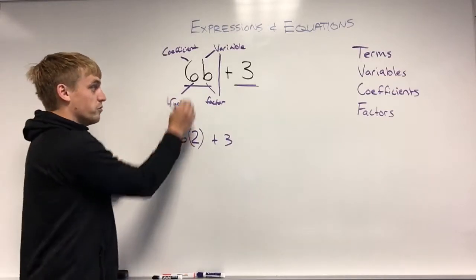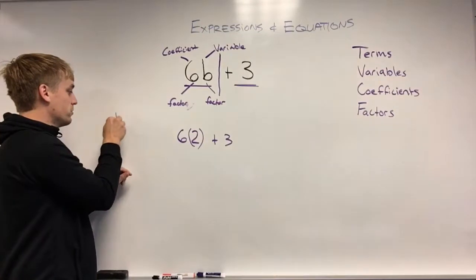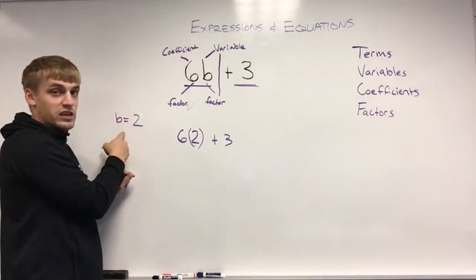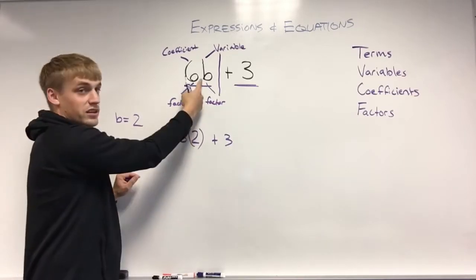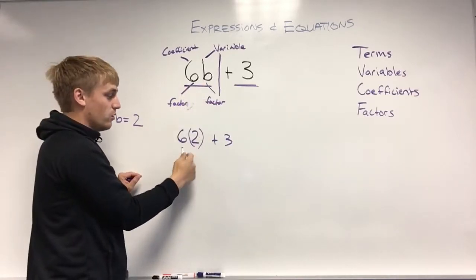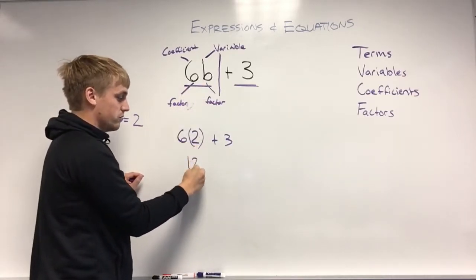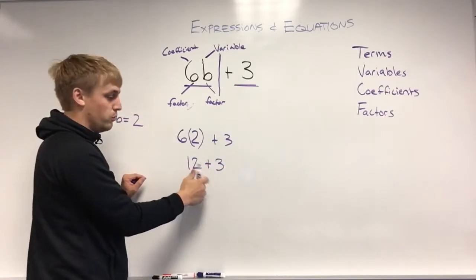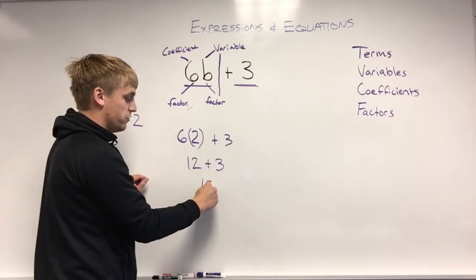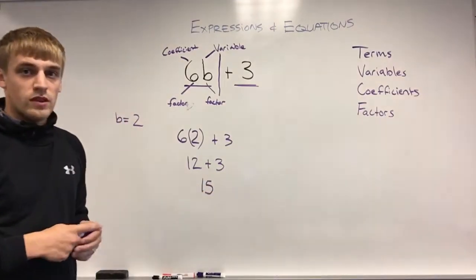Okay, so if B equaled 2, and we plugged 2 in for B, okay, we would take 6 times 2, which equals 12, and then we would add 3, which is 15. Okay?